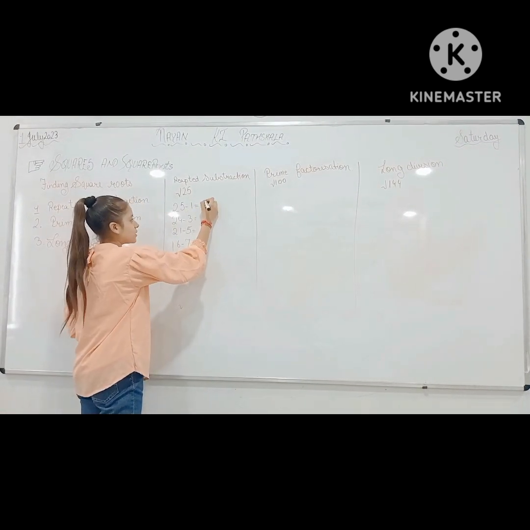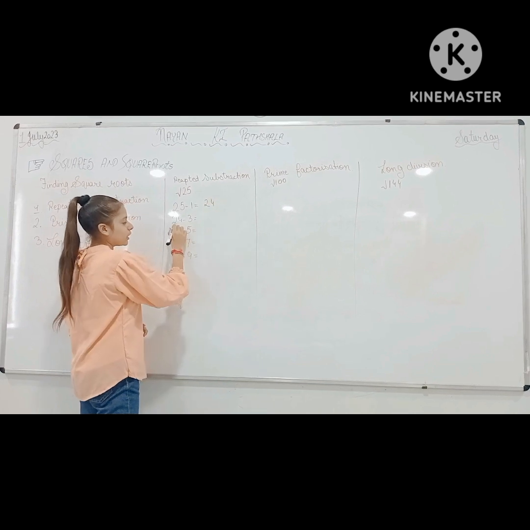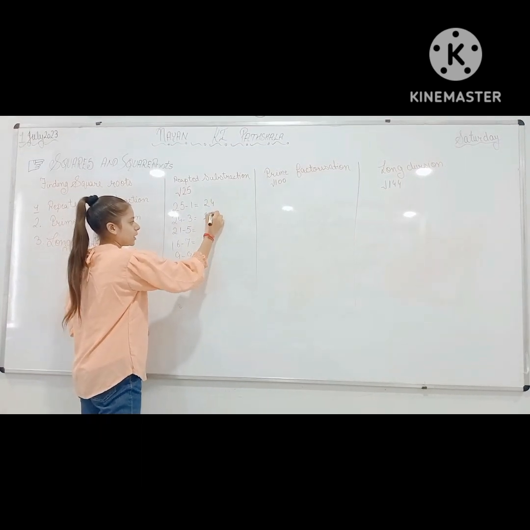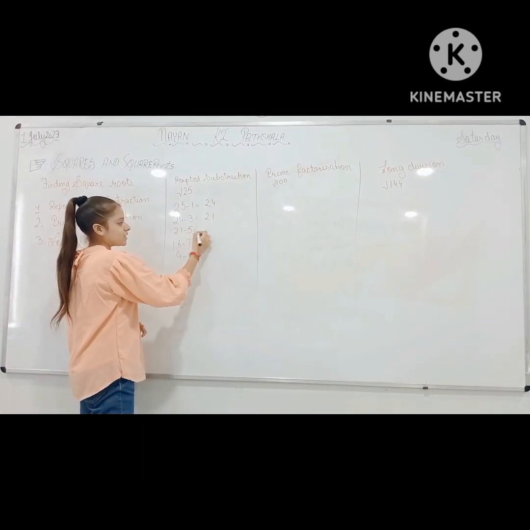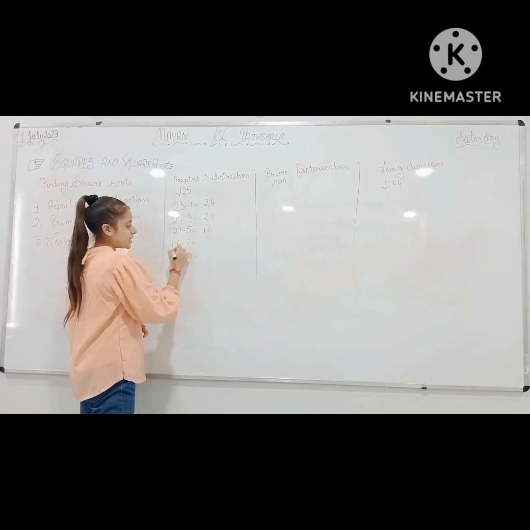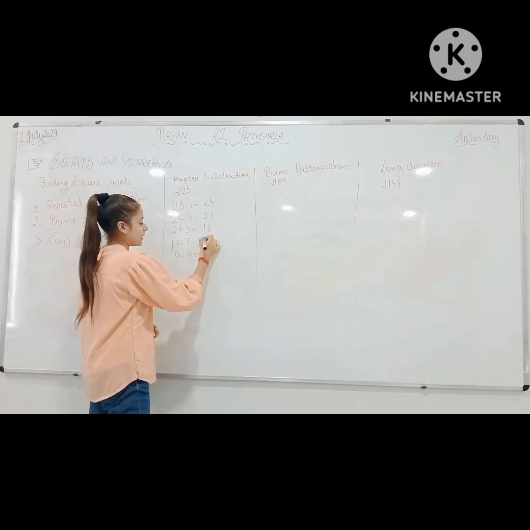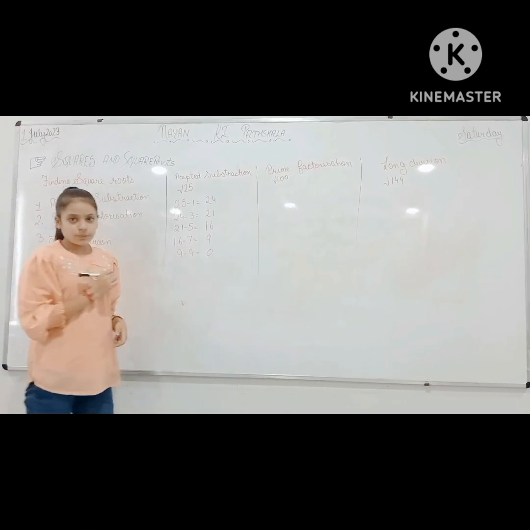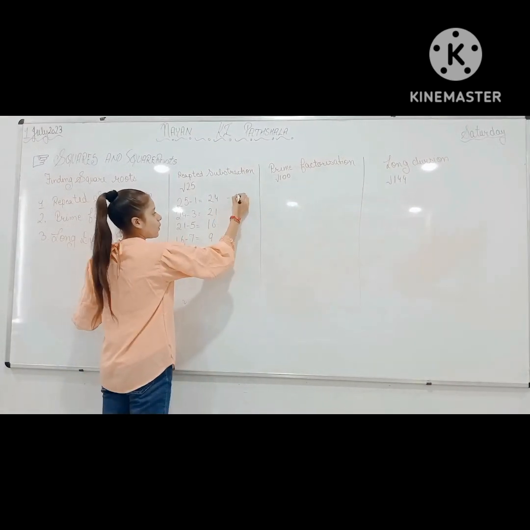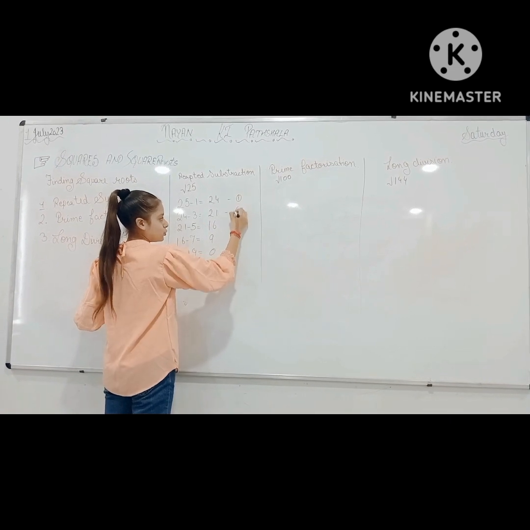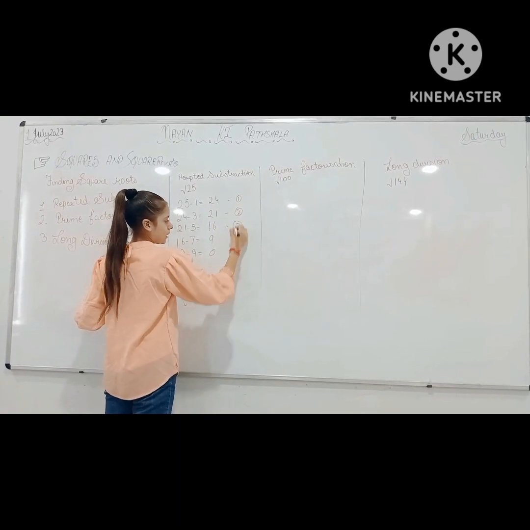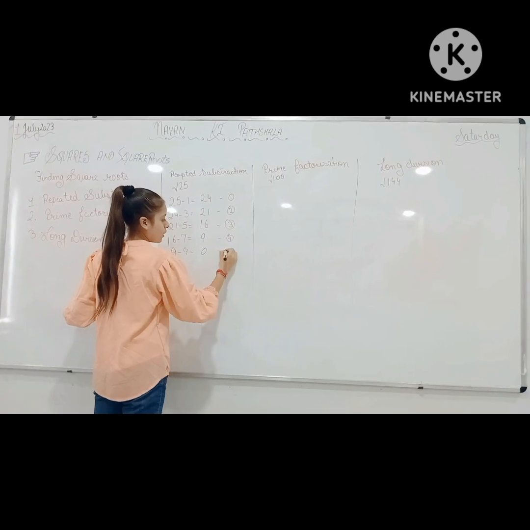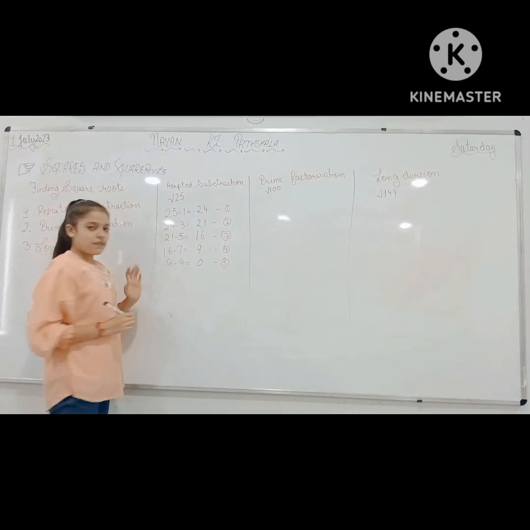So 25 minus 1, that is 24. 24 minus 3, that is 21. 21 minus 5, that is 16. 16 minus 7, that is 9. And 9 minus 9, that is 0. So it takes 1, 2, 3, 4, 5 times.